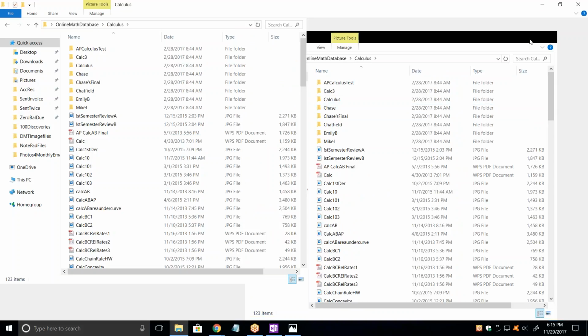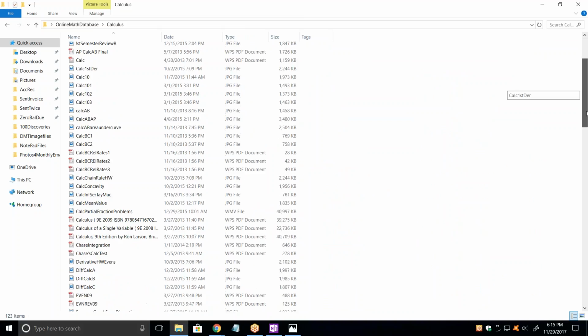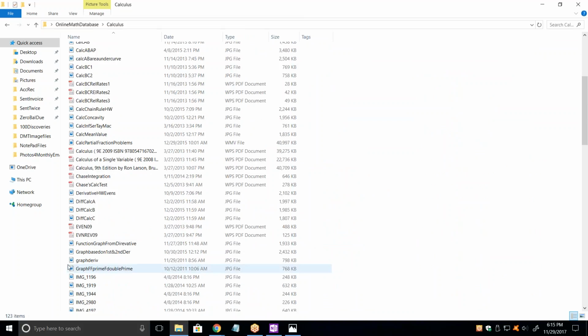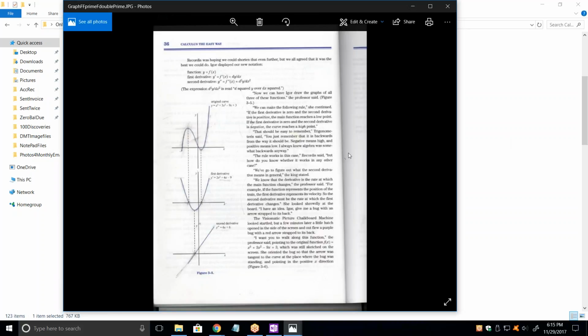And it's an extremely important picture for understanding the relationship between functions, their first and their second derivatives. The top graph is the function. Middle one is the first derivative, bottom one is the second derivative.